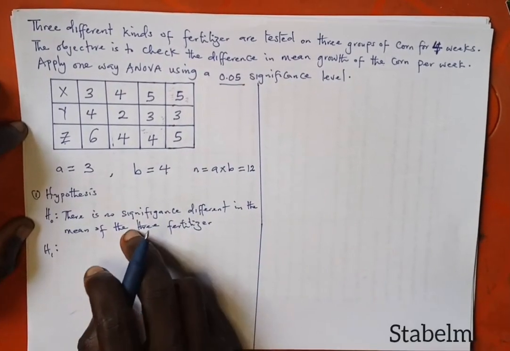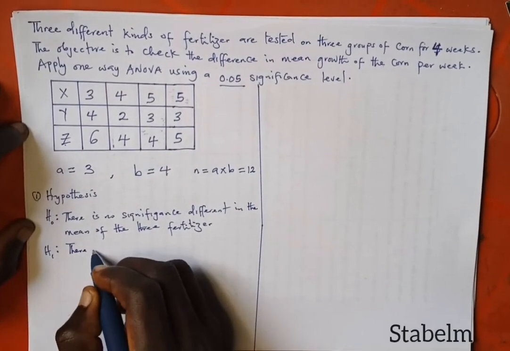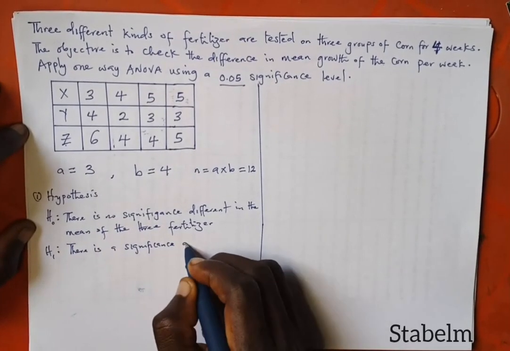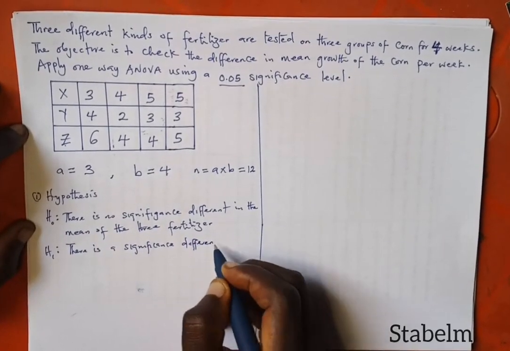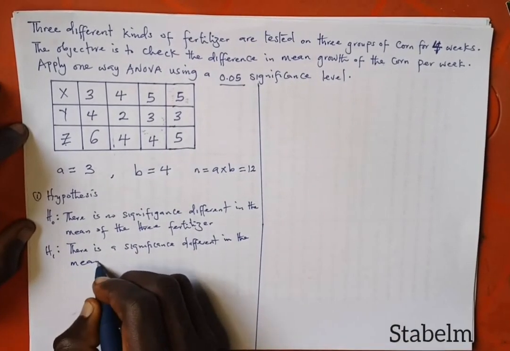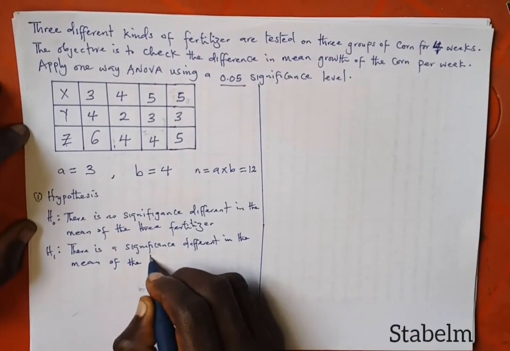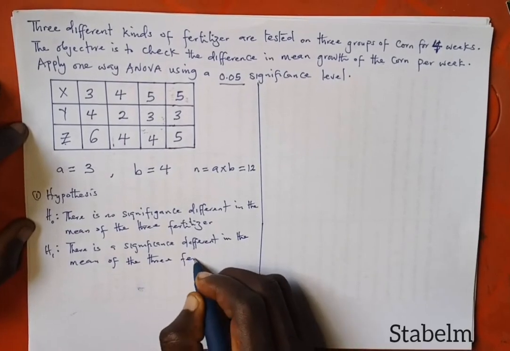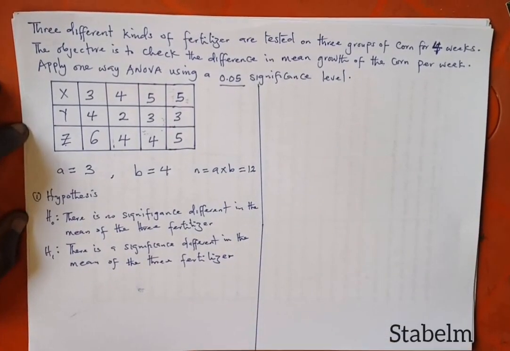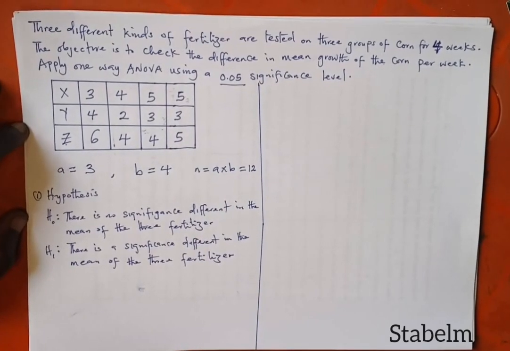The alternative hypothesis is that there is a significant difference in the mean of the 3 fertilizers. So that is step 1. In step 1, we are able to state the hypothesis.